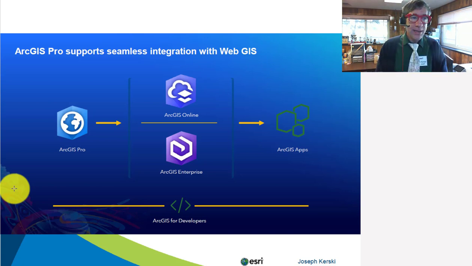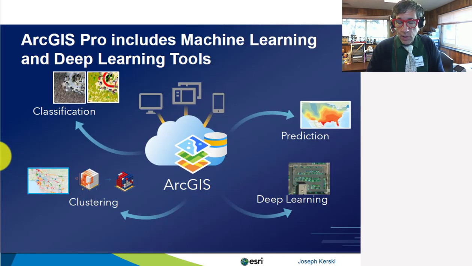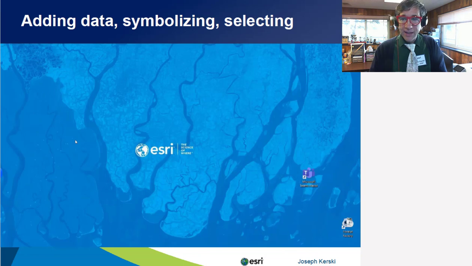You're engaged with the APIs and the SDKs and the coding that goes behind all of this. So it is much more integrated than GIS was in the past. That gives you a lot of power at your fingertips. And ArcGIS Pro includes machine learning and deep learning tools, classification, clustering, deep learning, and prediction, right? It's all about building a better world through GIS. So that's one of the reasons why I think Pro is quite an exciting thing to use.